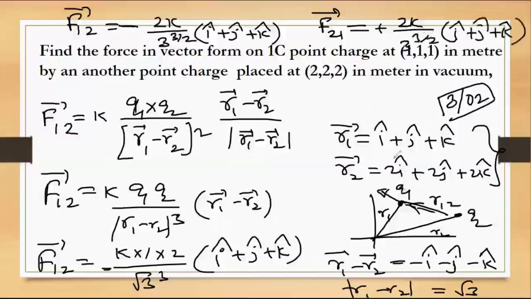And one more thing, please try to understand. If this is minus 1 coulomb, here it is given Q1 is 1 coulomb. Say if it is minus 1 coulomb, then what will be the answer? Just without calculating, just looking at the board only, okay?